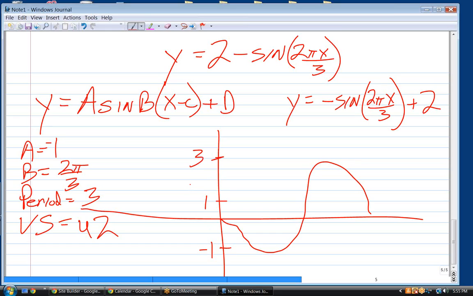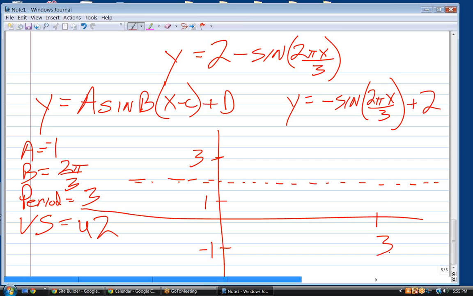So when there is a vertical shift, probably the best thing to do is to draw a dotted line through your new axis of symmetry. I'm going to pretend that this dotted line is like the x-axis. So, there's no phase shift, but we have a period of 3.